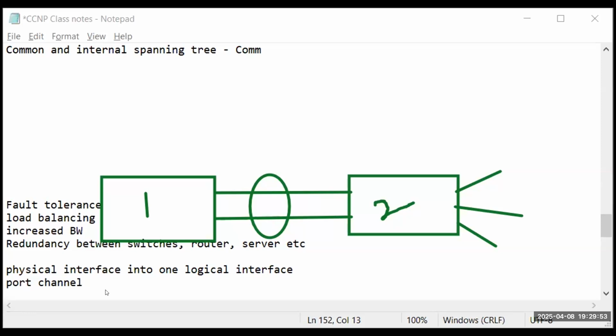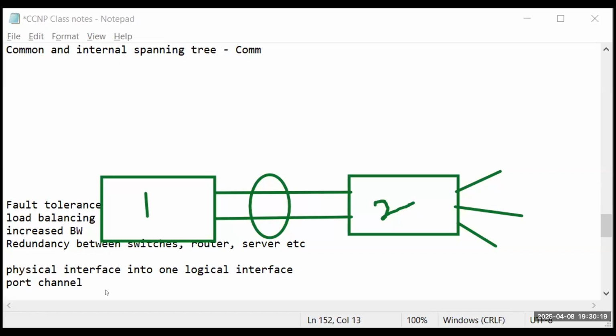We have 8 ports, but all the 8 ports need not be in one logical interface. I can still bundle into two port channels. Anything can be done, based on the requirement.